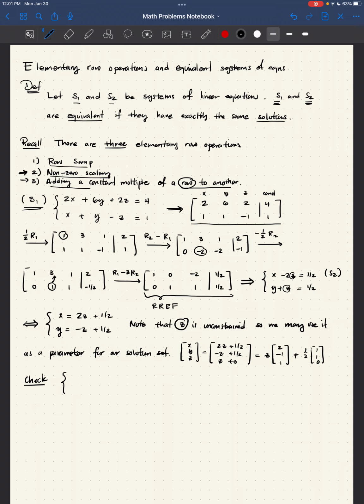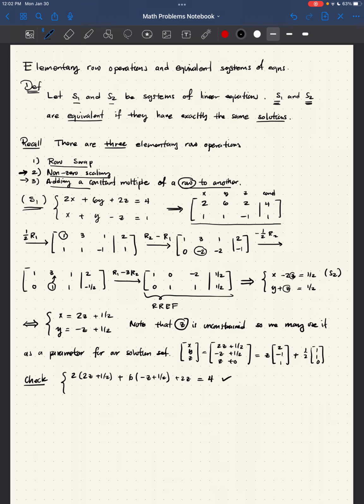What is x? Twice x would be 2z plus 1/2, plus 6 times y, but y is negative z plus 1/2, and then plus 2z. But then after a reduction, we realize that this is actually 4.